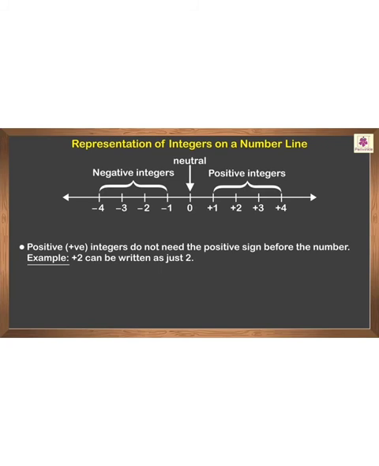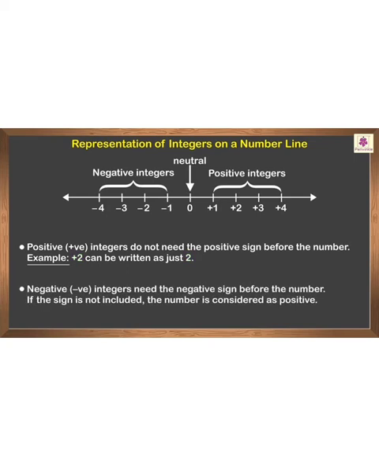Positive integers do not need the positive sign before the number. For example, +2 can be written as just 2. Negative integers need the negative sign before the number. If the sign is not included, that number is considered as positive.